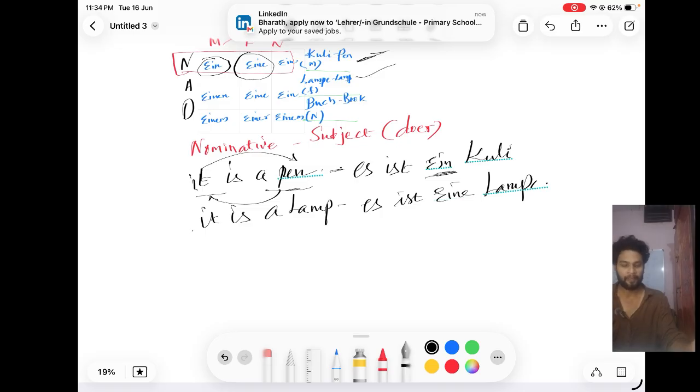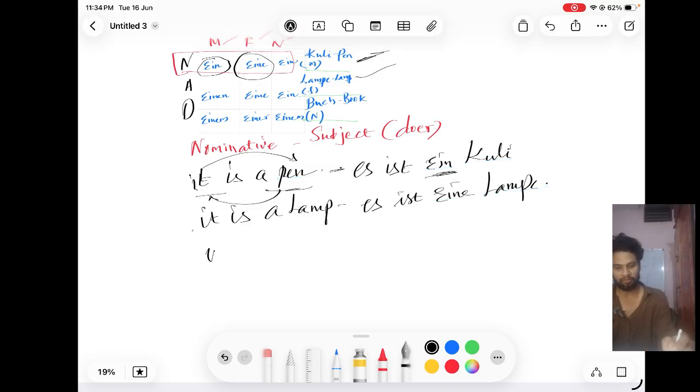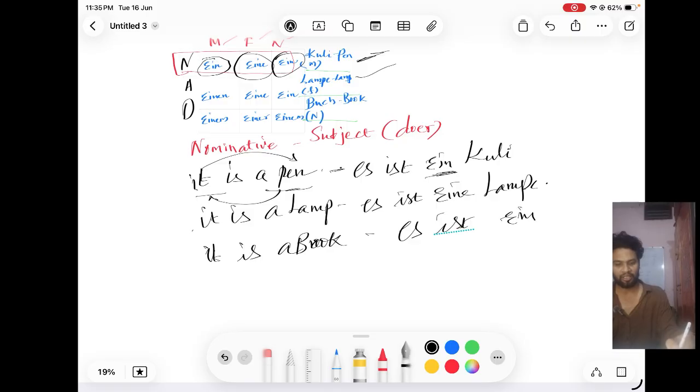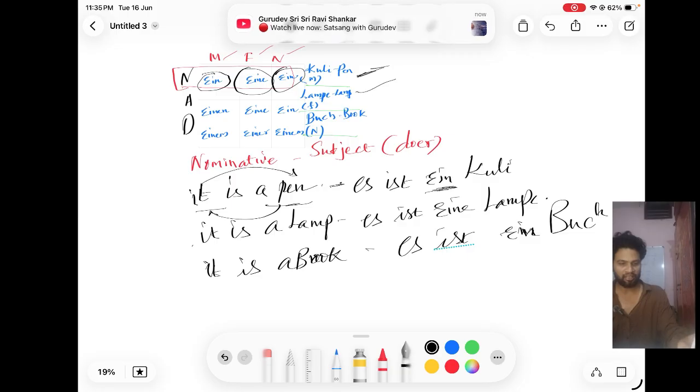Is it clear? Es ist eine Lampe. So, it is a book. Book is neuter. How to say it is a book? Es ist ein Buch. Is it clear?